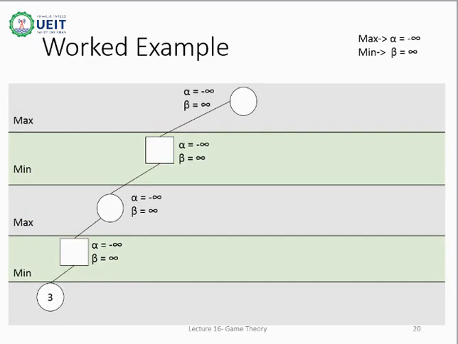As already mentioned, this algorithm follows depth first search. Thus, we will directly go to the depth of the tree, and the leftmost node, which is a leaf node, will have the control. This leaf node 3 has the control right now. As the parent is at min level, we will select the minimum value from the successors of the parent node, and the value of beta will be changed, as beta is associated with the minimum value.